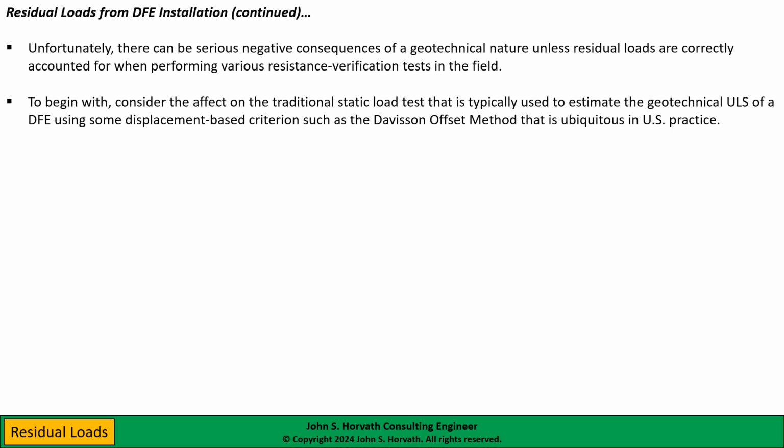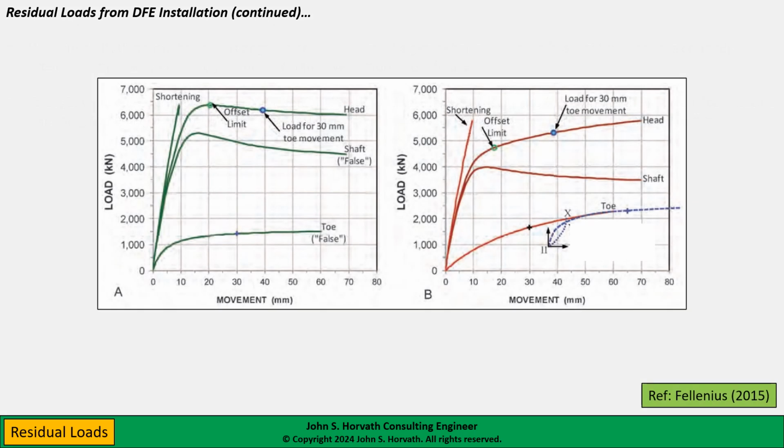If you go back in the literature, you find that the late Professor Tom Davisson developed this offset method for dynamic testing using the wave equation. It has long since been co-opted for static load tests. I think the reason people like it is that it is very easy to apply.